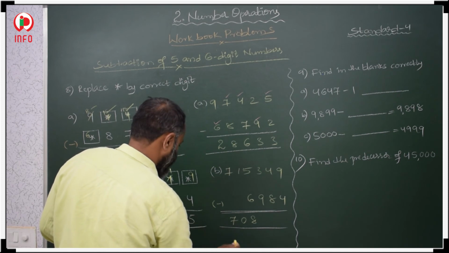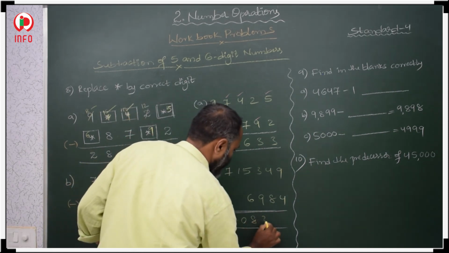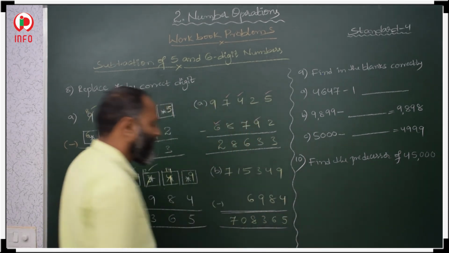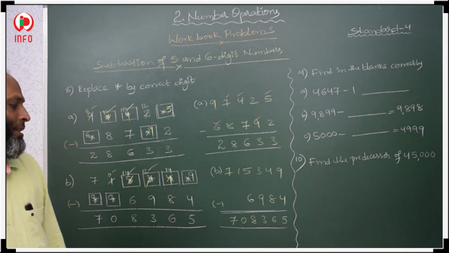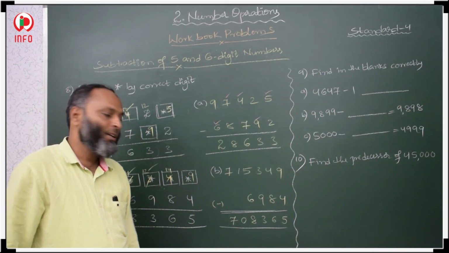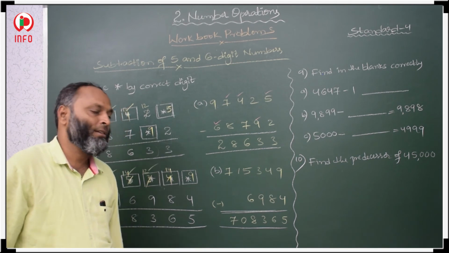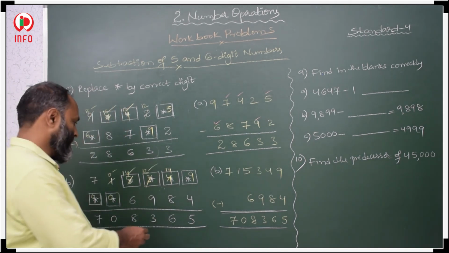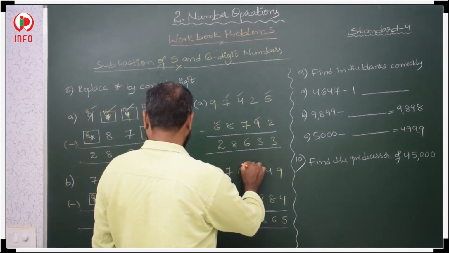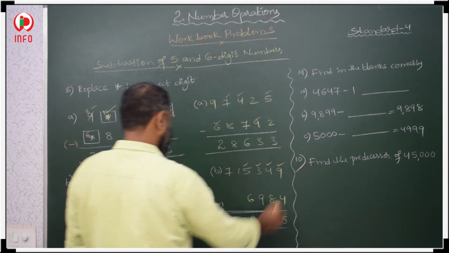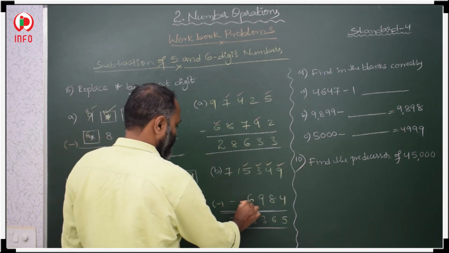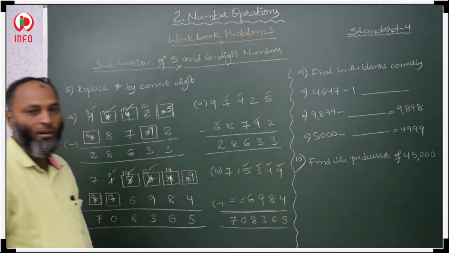So 7 lakhs 8,365. This is your answer. In this way we have to find the missing numerals. So this one, this one, this one, this one, and here these two also were missing, that we found.